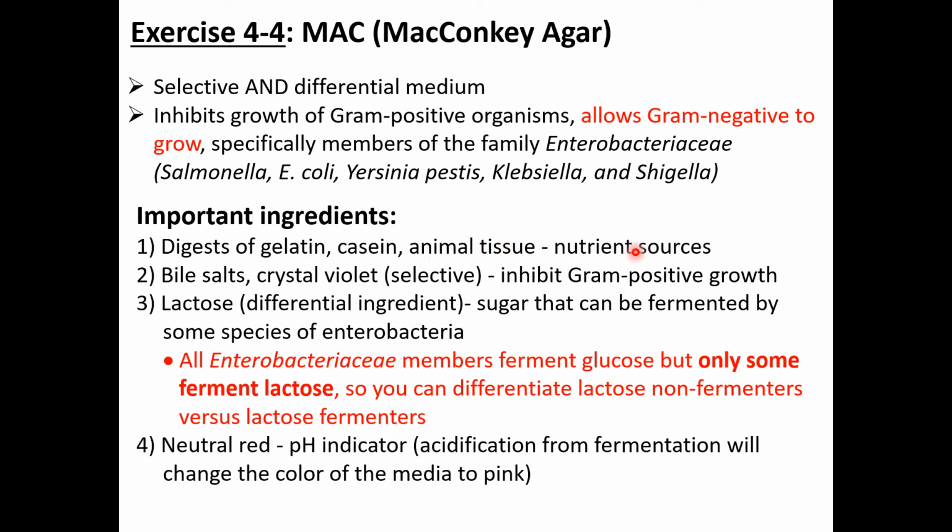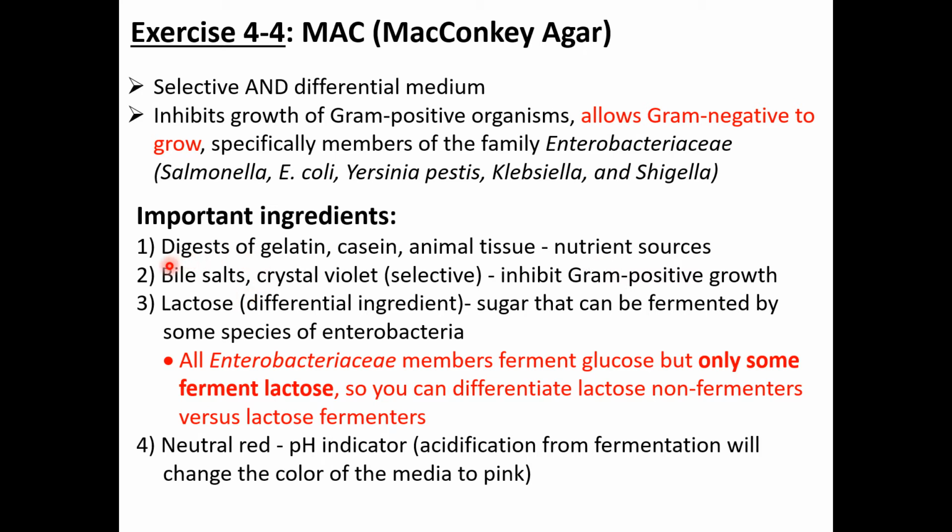So there will be a bunch of ingredients in here, of course. There will be the nutrient sources, and what is going to inhibit the growth of all gram-positives would be bile salts and crystal violet, the same crystal violet that we use for gram stain. Okay, so the presence of those will not allow the gram-positives to grow. But the gram-negatives, they don't care.